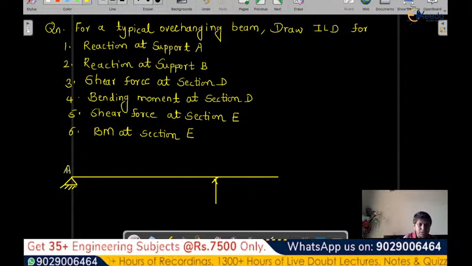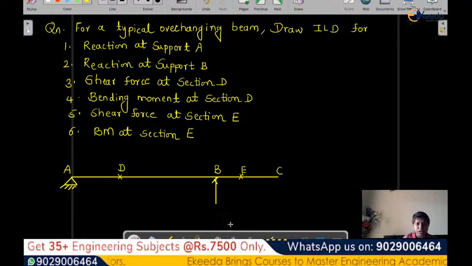So let's call it A, point B over here. Then there is some point D here, where we have to draw the influence line diagram for shear force at section D and bending moment at section E. So that is D, and this is the E point. There is some point E, and the last point is C.